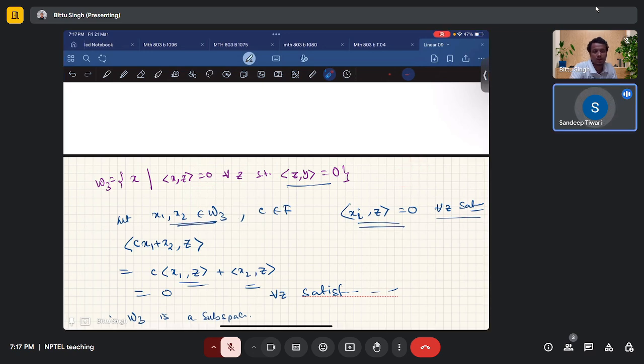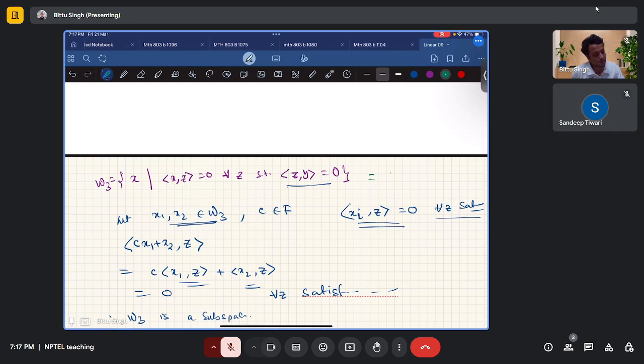No, sir, I am saying that this W3 is defined as the union of orthogonal complements of those elements which are in the orthogonal complement of Y. Yes, absolutely, that is W3. So W3 is: take the orthogonal complement of the subspace generated by Y, and take another orthogonal complement. So all those are subspaces.